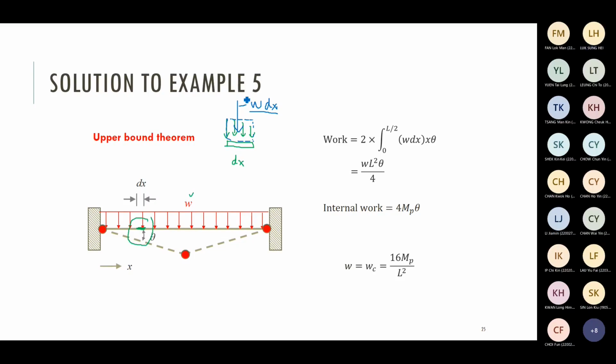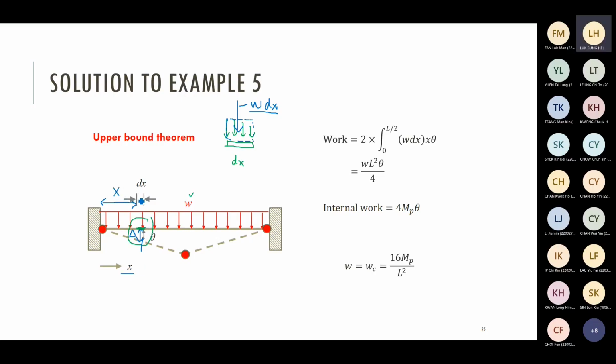W times dx is the total force along this small element. Okay? Then what is the displacement? What is the displacement over here for this small element? Maybe I call this delta again. You can use arc length, right? The radius, maybe I call this x.